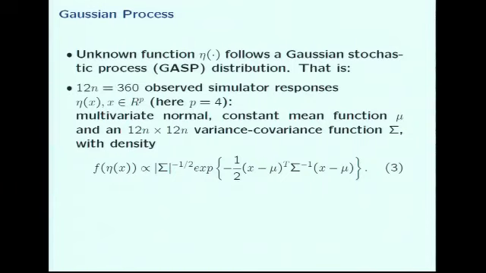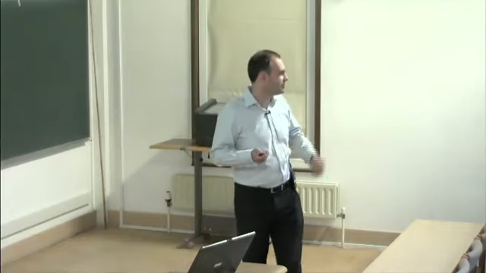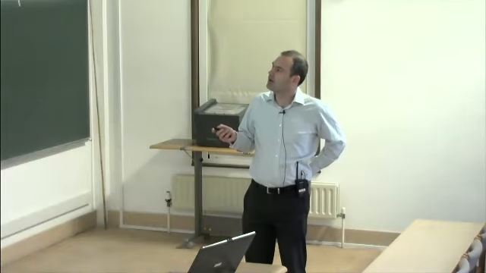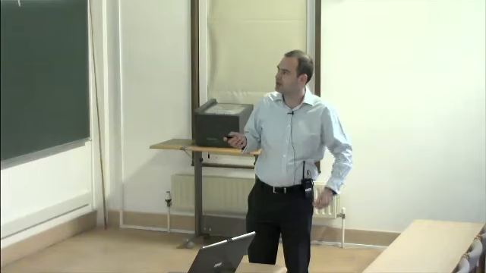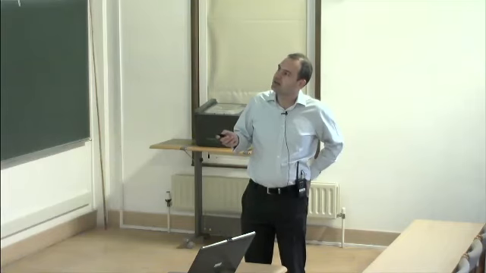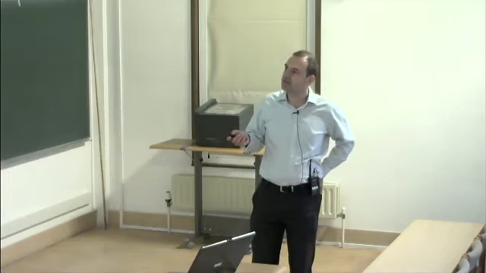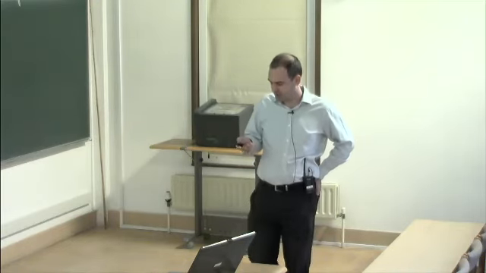Here we assume a constant mean, unlike in your work where you assume a drift, more of a trend. And the covariance function has this density, which is the multivariate normal density. So x here has dimension 4, because we have 3 thetas, and we have 1 for time. And you have this multivariate normal distribution, which is standard.